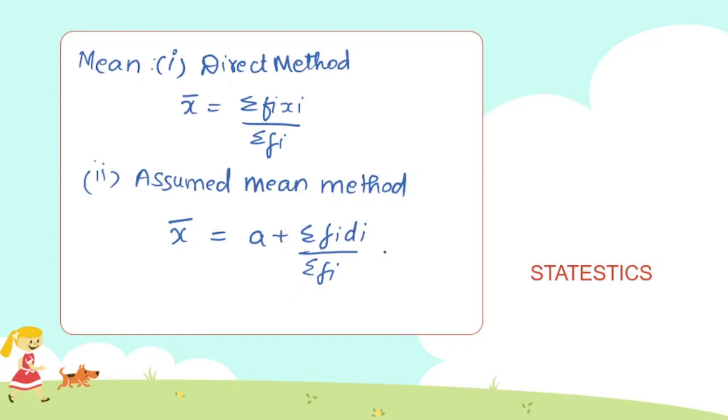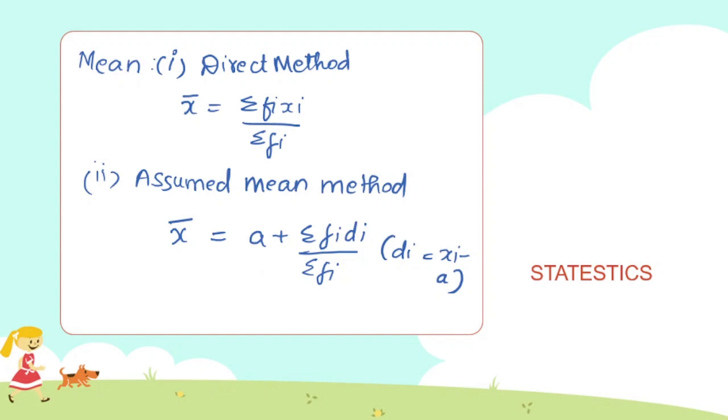Here di is equal to xi minus a. Your di is equal to xi minus a. Clear? This is your assumed mean method.